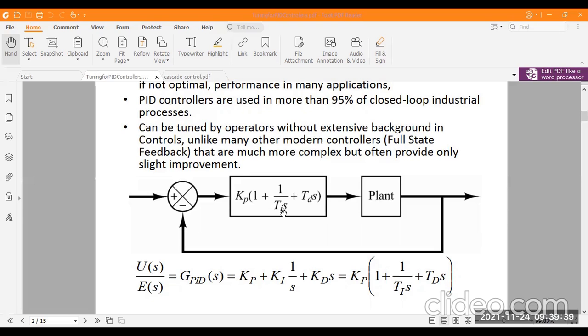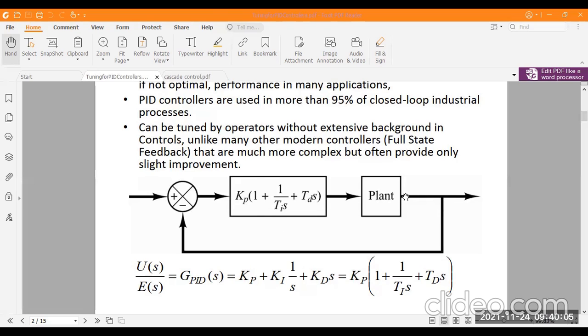KP means the proportional controller, TI means the reset time, and TD means the derivative time. This is the plant which is controlled by this controller part.